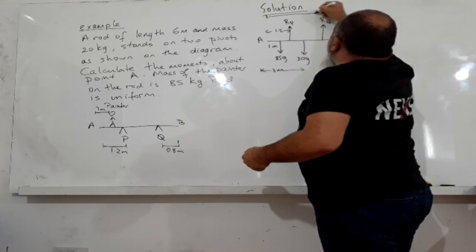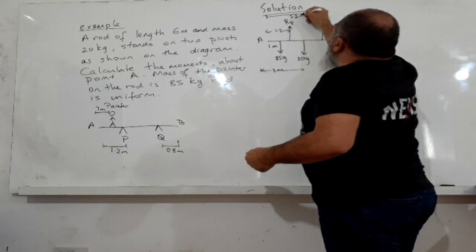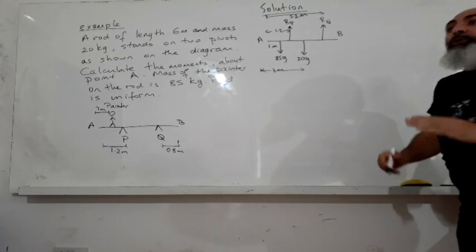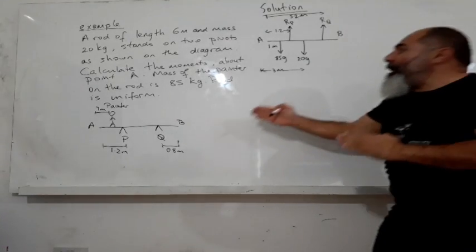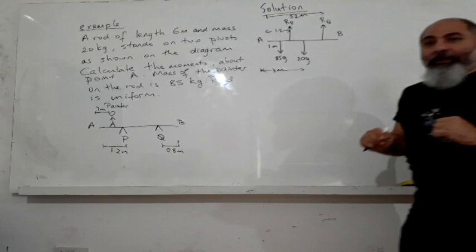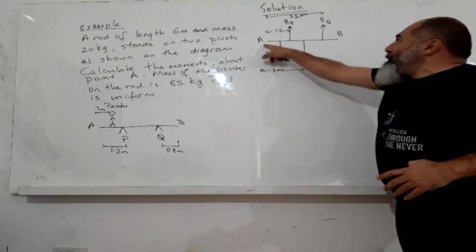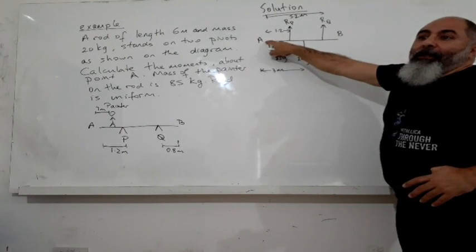5.2 meters. Remember, we are going to take all the distances with respect to the pivot point. And our pivot point is always going to be the leftmost point, the first point, unless stated.